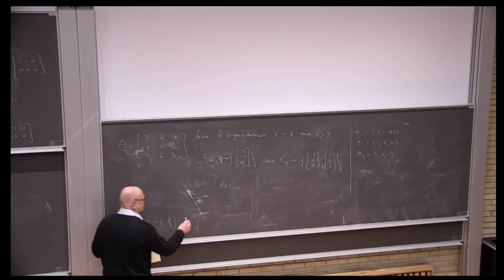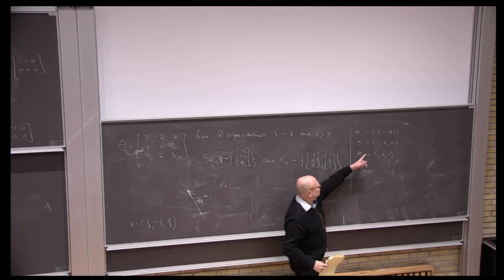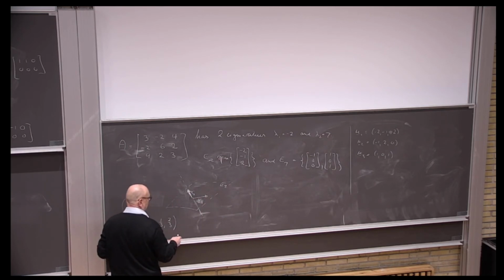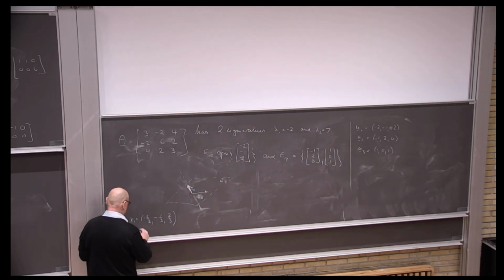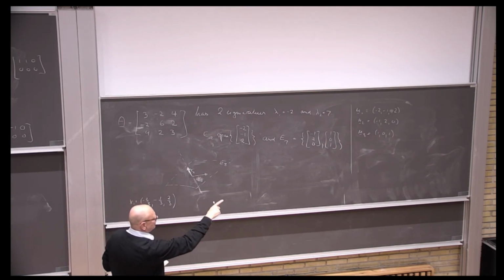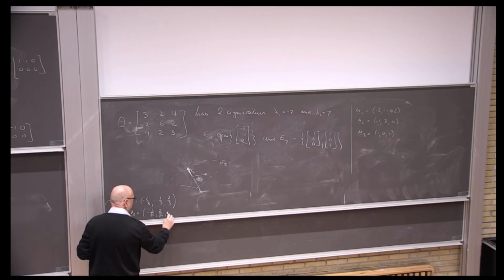And now I choose the second one as this vector here normed. I know that these two vectors are orthogonal, so I can just divide by the norm here, which is the square root of 1 plus 4, that is 5. And then I get minus 1 divided by square root of 5, 2 divided by square root of 5, and 0.